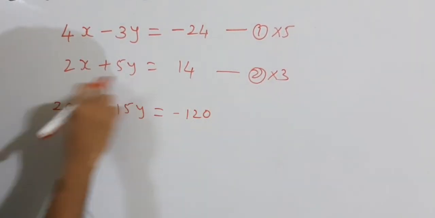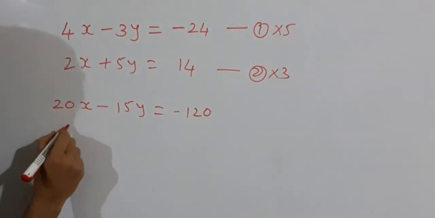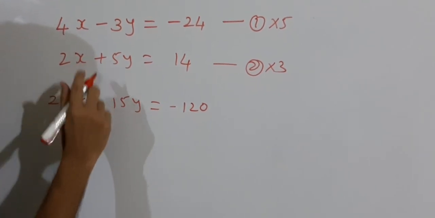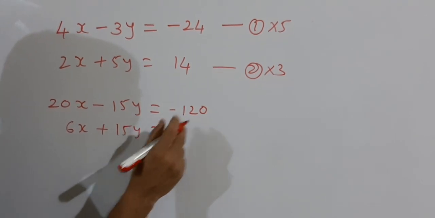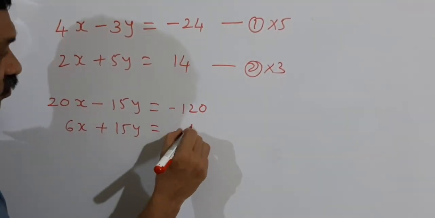Equation 2 multiplied by 3: 3 twos are 6x, plus sign as it is, 3 fives are 15y, is equal to 14 times 3, 42.